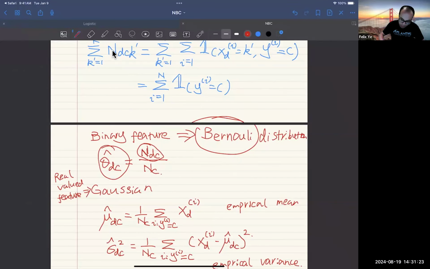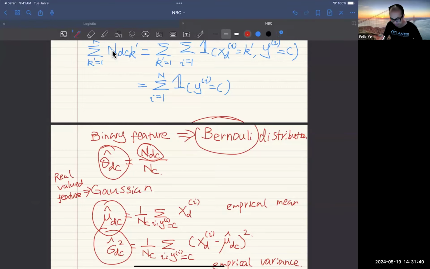If it is Gaussian, that will be just the mean and the variance. So all we need to do is simple counting. That will give us the fractions of probabilities that we are interested in.